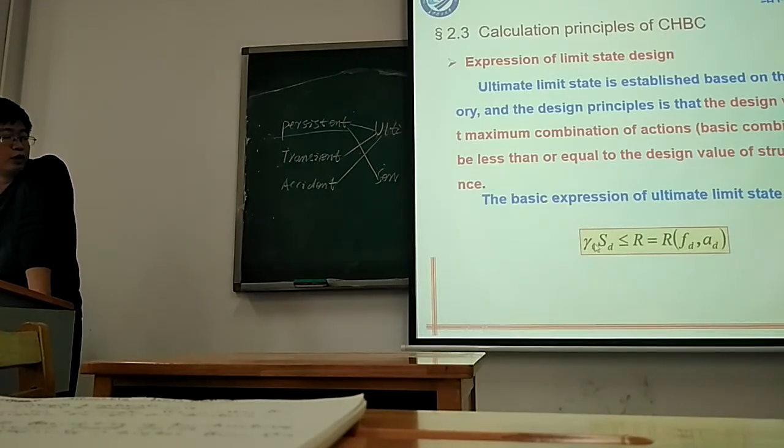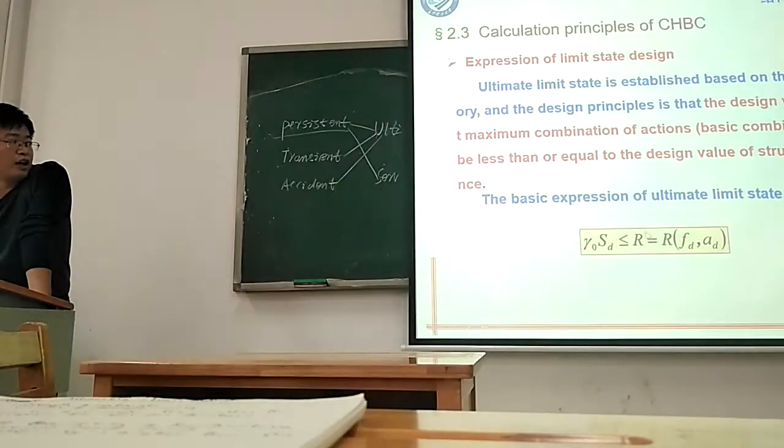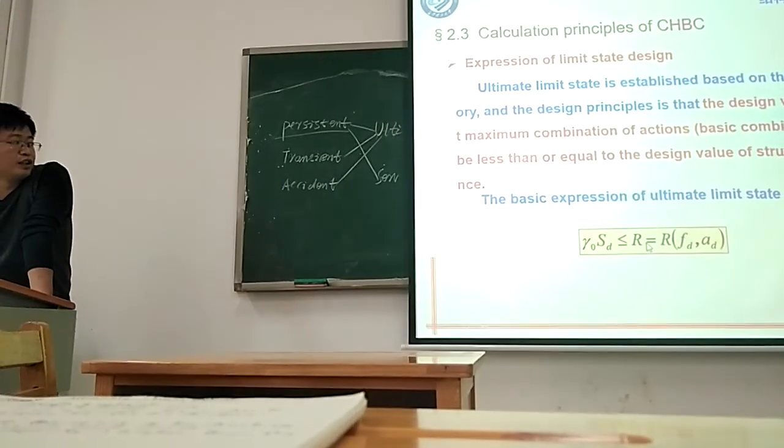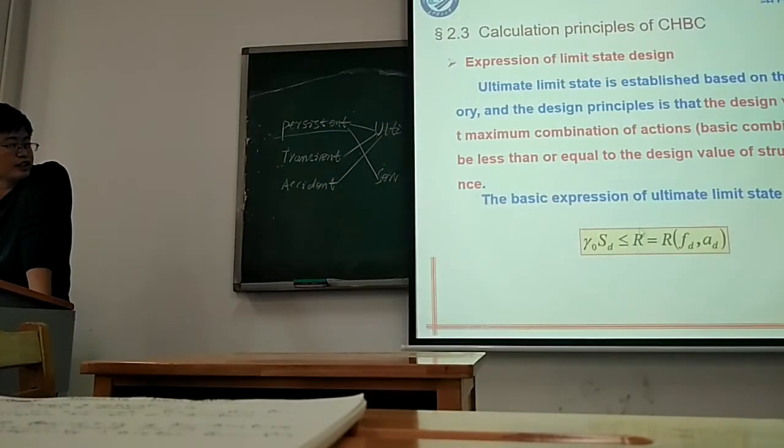Gamma 0 is the importance coefficient for structure. SD is the effect induced by the load. R is the resistance. So that means the resistance of the structure must be larger than the effect induced by the load, multiplied by gamma 0.